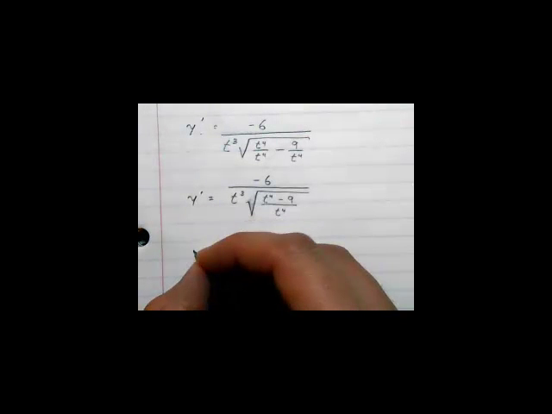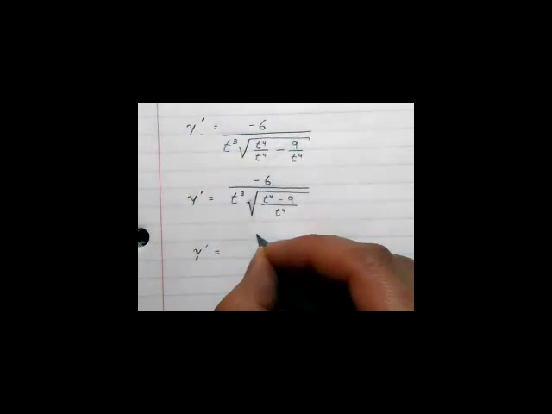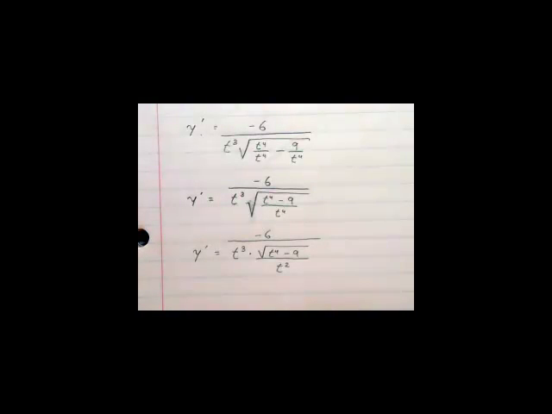Okay, so hang with me. We're almost done. So I've got negative 6 over t to the third times the square root of t to the fourth minus 9 over t squared. So what can I do with that t squared now that I pulled it out of the square root? Everybody see it? What's going to happen?